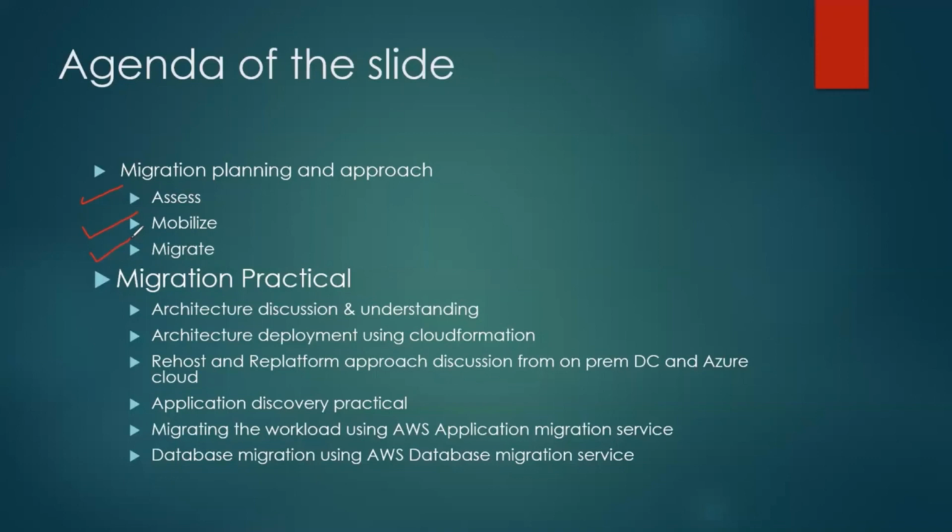I'm using that AWS CloudFormation stack to deploy the architecture, so that we need not waste time in creating the base infrastructure, but here we are stressing more on migration concepts. The base infrastructure will be deployed using the CloudFormation stack. Just click on the stack and the whole infrastructure will be ready. After that, you can start performing your practicals to clear your migration concepts.